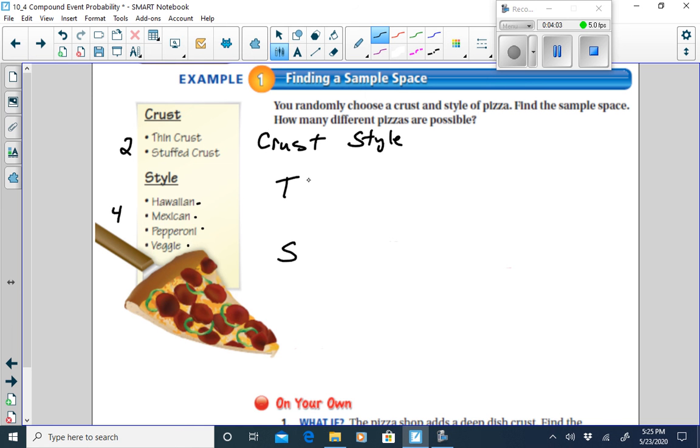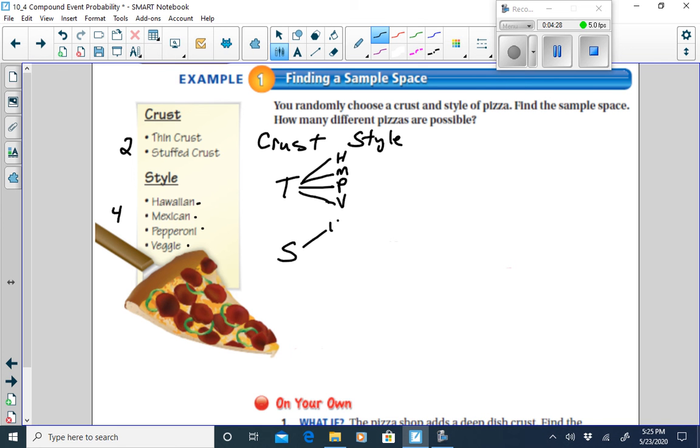If I have a thin crust pizza, there are 4 possible styles of thin crust pizza. We could have a thin crust Hawaiian, a thin crust Mexican, a thin crust pepperoni, and a thin crust veggie. If I have a stuffed crust pizza, there are 4 possible styles of stuffed crust.